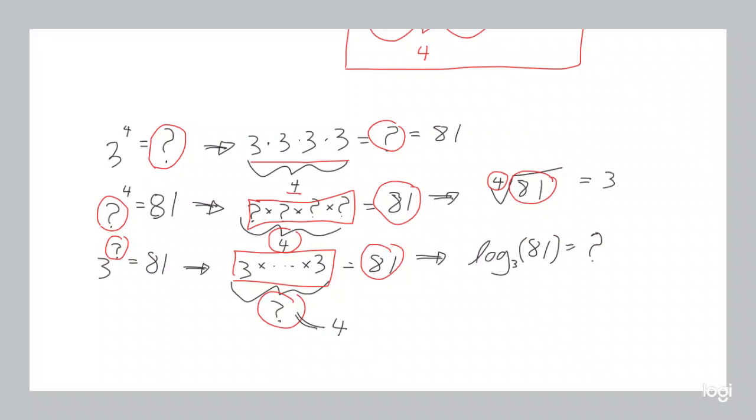What that mathematical language means is, how many times do we need to multiply by 3 in order to get 81? And the answer is 4.